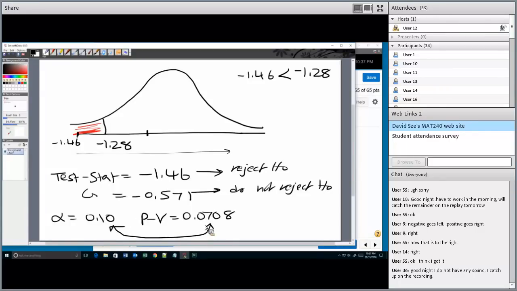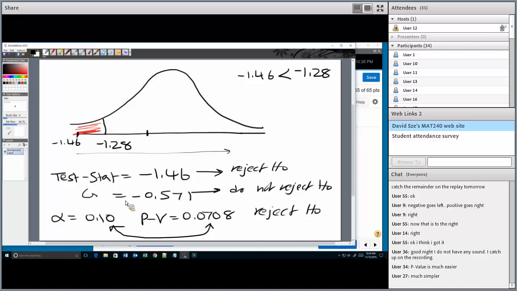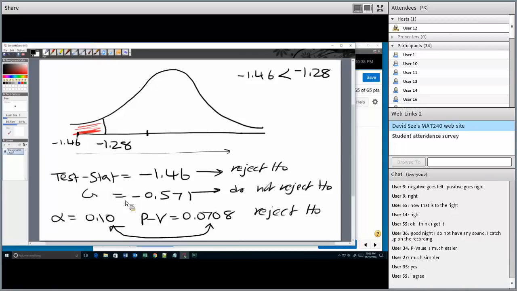Compare p-value against alpha. If it's less, reject H naught. So the p-value is in fact less than alpha here, so you reject H naught. Don't you think this is a simpler approach than the classical approach? Yeah, it's much simpler. I personally think it's simpler too.